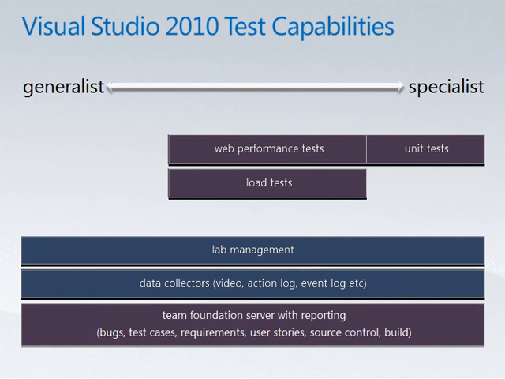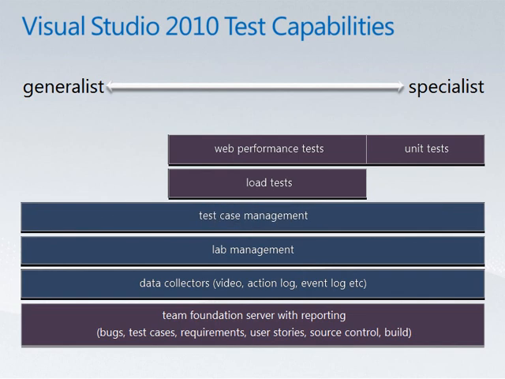So lab management, to put it simply, is a way to help you manage your labs, whether they're physical or virtual, so you can create kind of a template that you can use to recreate environments that you might have to test against. So for instance, different operating systems, different browsers, so that you can make sure that your applications will run in a number of different types of environments.